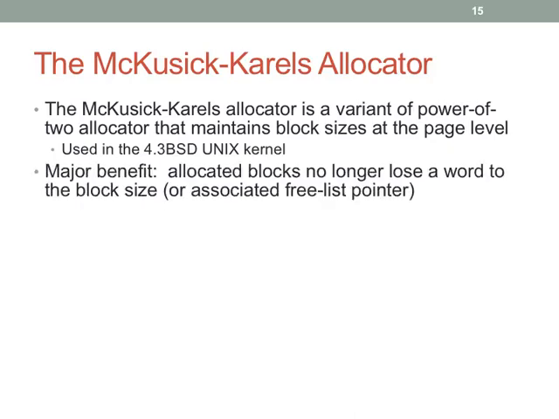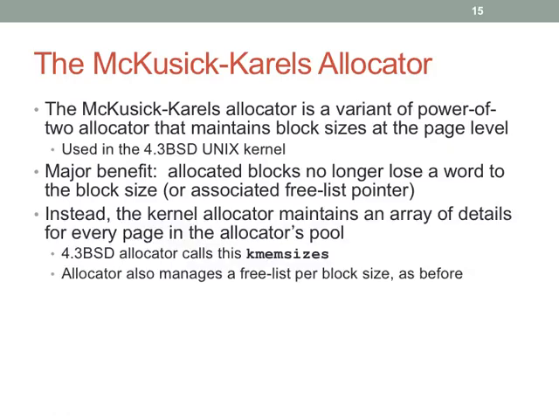But basically, the obvious benefit is now power of 2 blocks are really a power of 2, because I use some other information to keep track of what size a block is when it needs to be released. Now, like I say here, the kernel allocator maintains an array of details for every page in the allocation pool. And again, that might seem wasteful, but if you can pack the details into a byte per page, then suddenly that isn't so expensive.